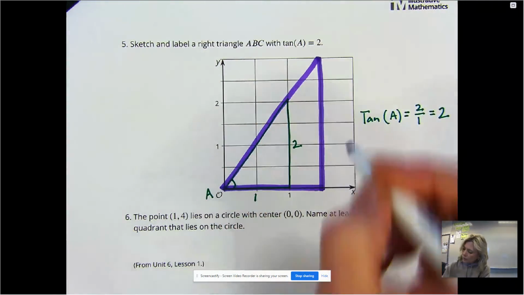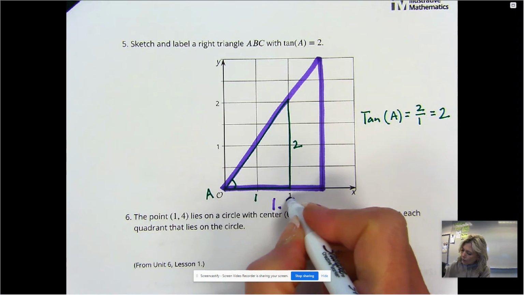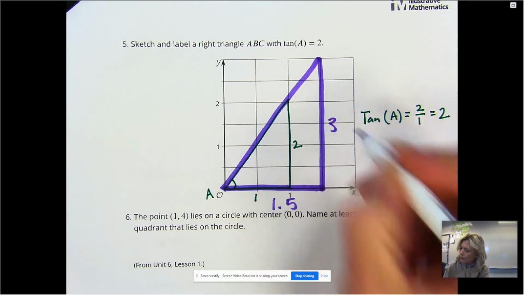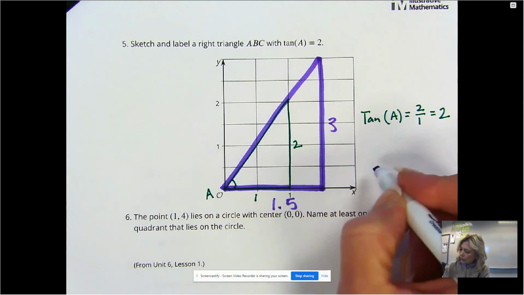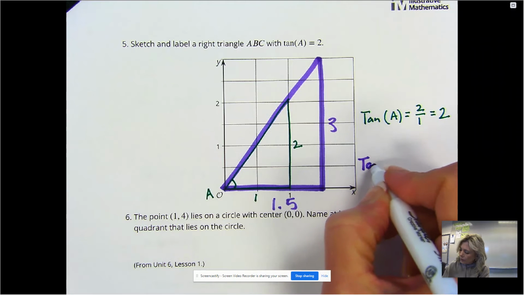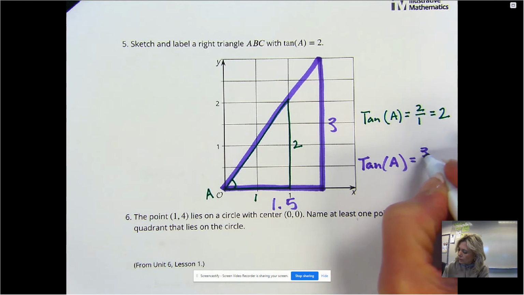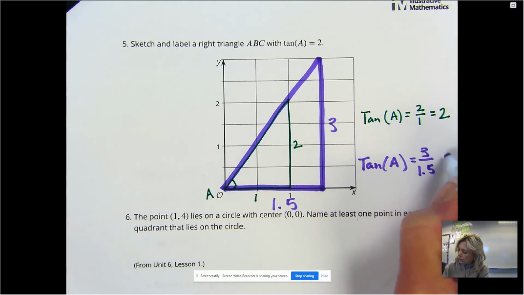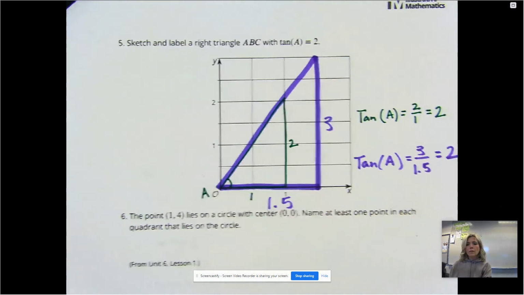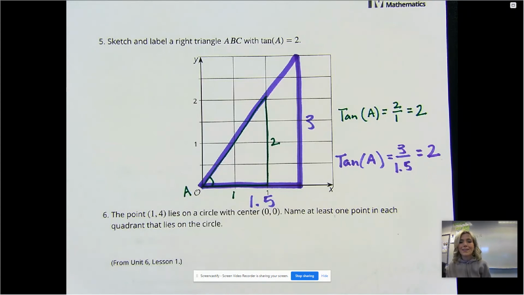There's another one where this would be 1.5 and this would be 3, and still using angle A. So a different option looks like that. So just when you divide the opposite leg by the adjacent leg, you get a value of 2. There's at least one more that I can think of that would fit on this grid, but there's 2 examples for you.